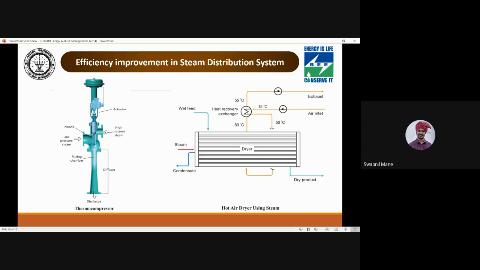It will be compressed by this high pressure steam from the system, and as a result of this, it will be mixing in the mixing chamber. It will become a medium pressure steam, and this medium pressure steam can again be used for different process utility. Are you getting the idea? Okay, so this is the beautiful feature of the thermocompressor.